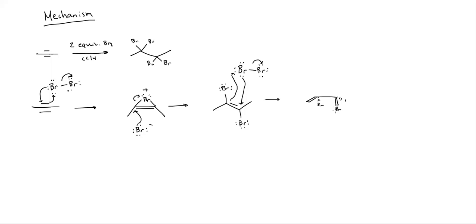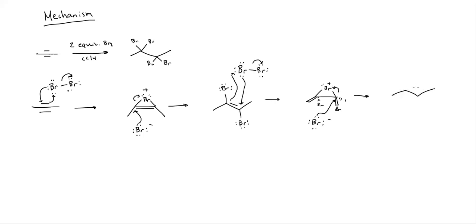Same thing with the methyl groups. And then I have my three-membered ring with bromine positively charged with two lone pairs on it. And then all that's going to happen is the other bromine is going to come in and attack, and I'm done. So it attacks there, and I am done.